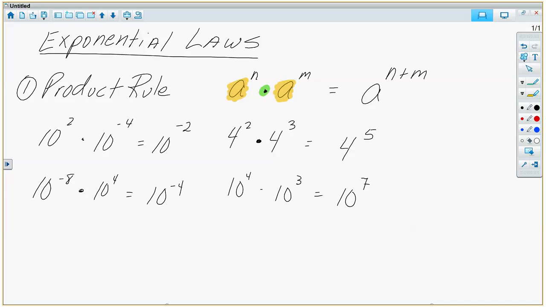And remember, you have a word, product rule, the bases have to be the what? They have to be the same. So if you have x to the fourth times y to the fifth, you can't do anything to it, because the bases are not the same.